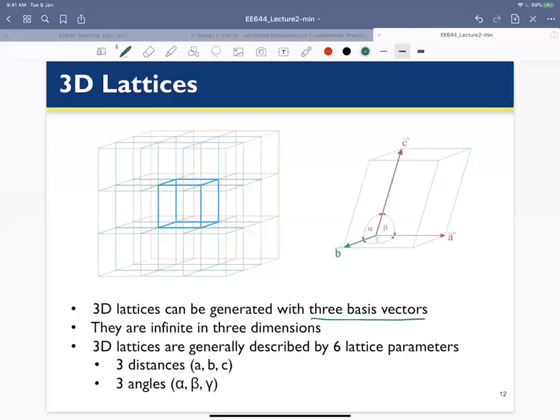The 3D lattice is generally described by six lattice parameters because you need A, B, and C, the basis vectors in the x, y, z directions, as well as three angles: the angle between A and B, B and C, and A and C. This is how you define a 3D lattice. We have 3D crystals, silicon, germanium, all those bulk semiconductor materials are 3D crystals.